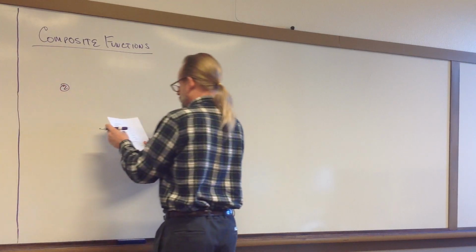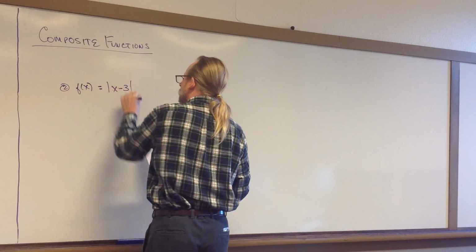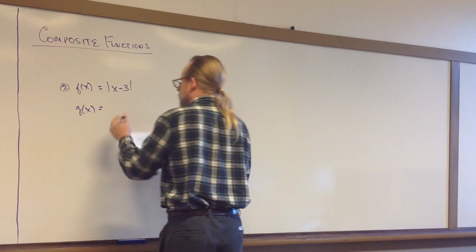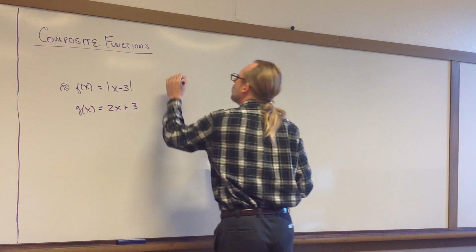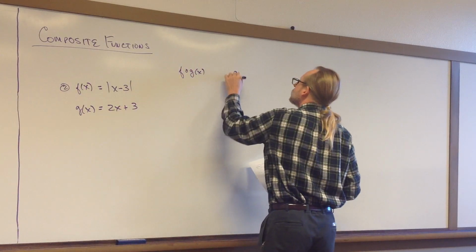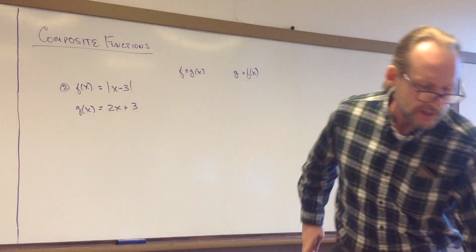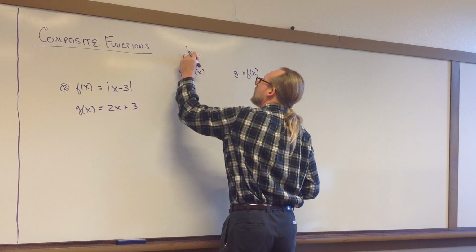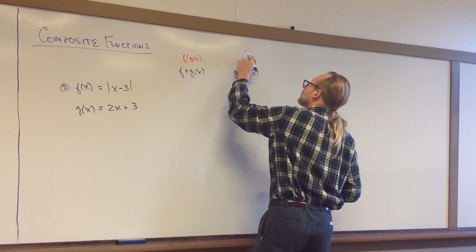In problem 2, we've got f of x is absolute value of x minus 3, and g of x is 2x plus 3. So we want to find f on g and g on f. The other notation is f of g of x, and here g of f of x.